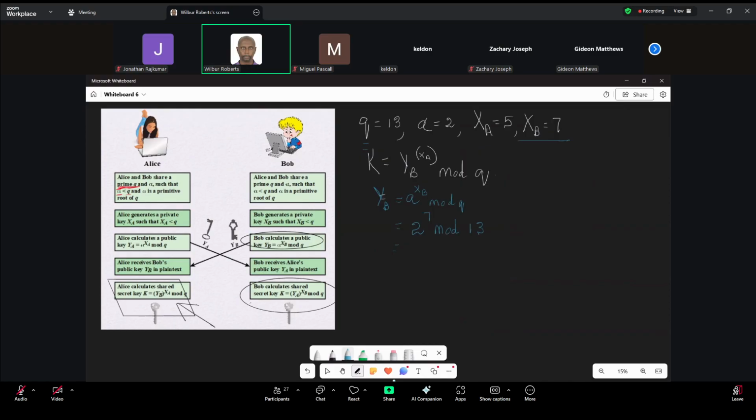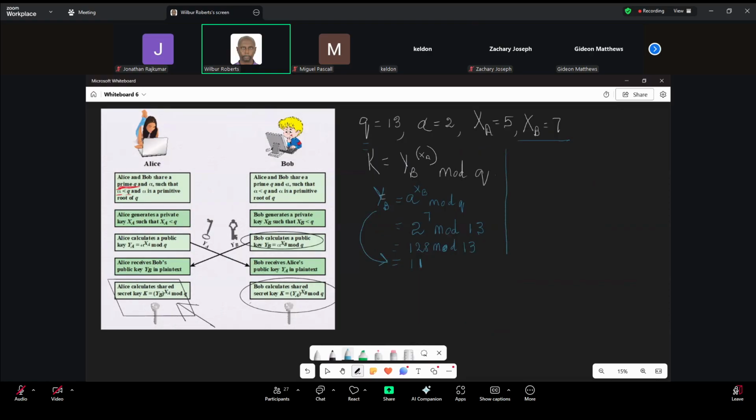What will it get us? 2 to the power of 7 is 128 mod 13. What answer will you get for that? Was it 11 or 12? 11. So now we know that YB is equal to 11.